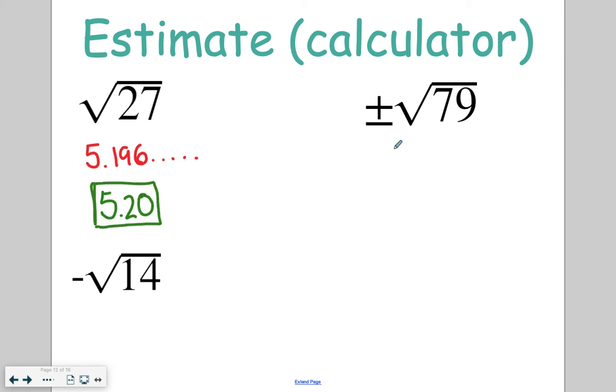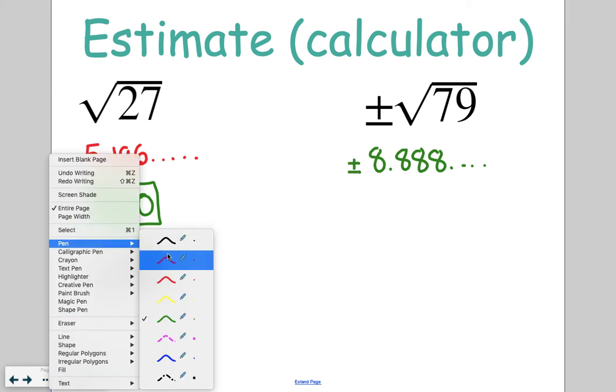If I come over to the next one, I type square root of 79 into the calculator. You do not type in this plus minus thing. It's not possible to type it into the calculator. So you just type in square root of 79, and you're going to get an answer of 8.88888, etc. And that's where you're going to put the plus minus back in.